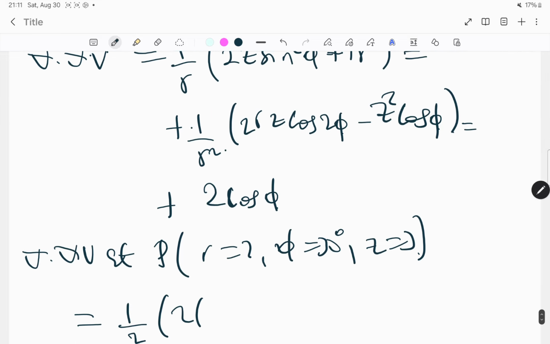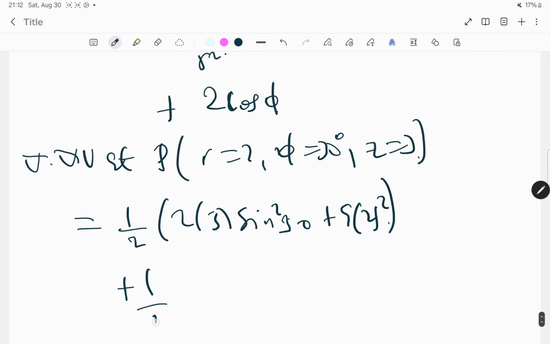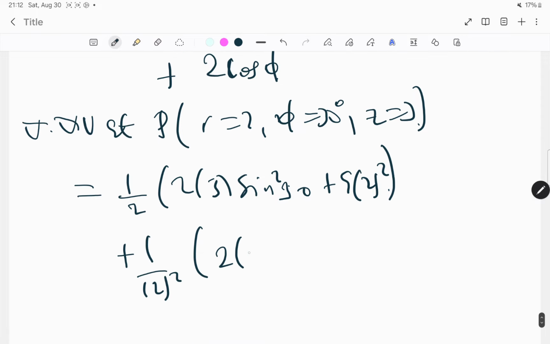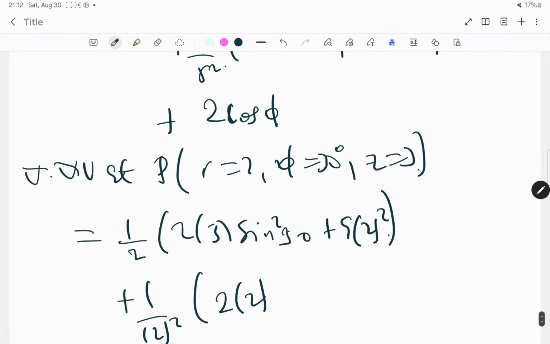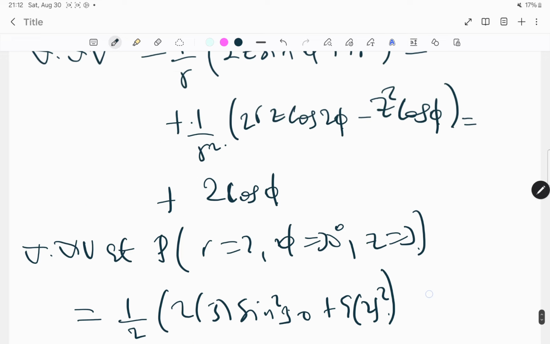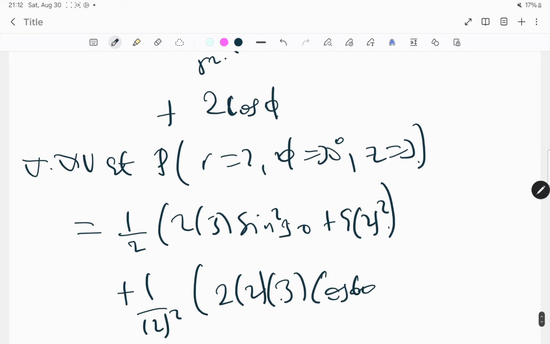Then plus 1 over r square, meaning 2 square, into brackets 2 r z, which is what, 3, cos 60, minus 3 square cos 30, plus z, right?